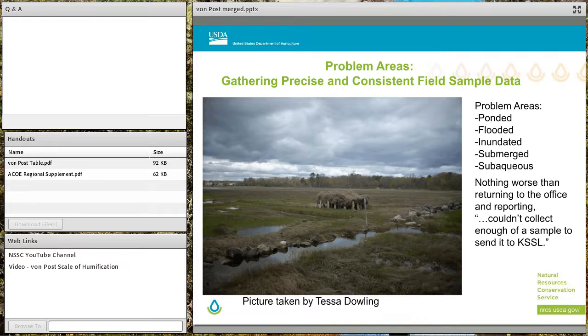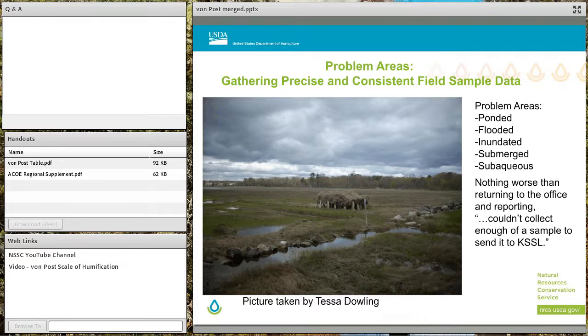Now, one thing is gathering precise and consistent field sample data. That's always one of the first things a field soil scientist wants to attempt out in the field. And these areas, as you know, this picture is describing one in the marshes. It includes your ponded, flooded, inundated areas.